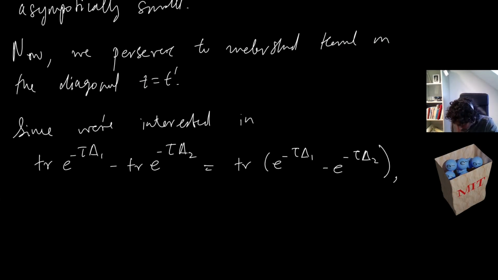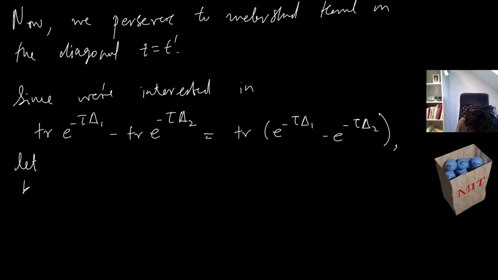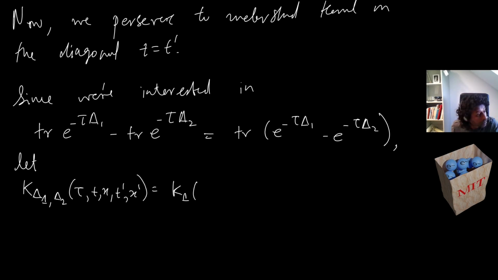So now this tells us that we can try and look at the difference between the kernels of the operators. So we let the heat kernel of K 1 2 tau t x t prime x prime equal K 1 tau t x t prime x prime minus the kernel K 2 tau t x t prime x prime.